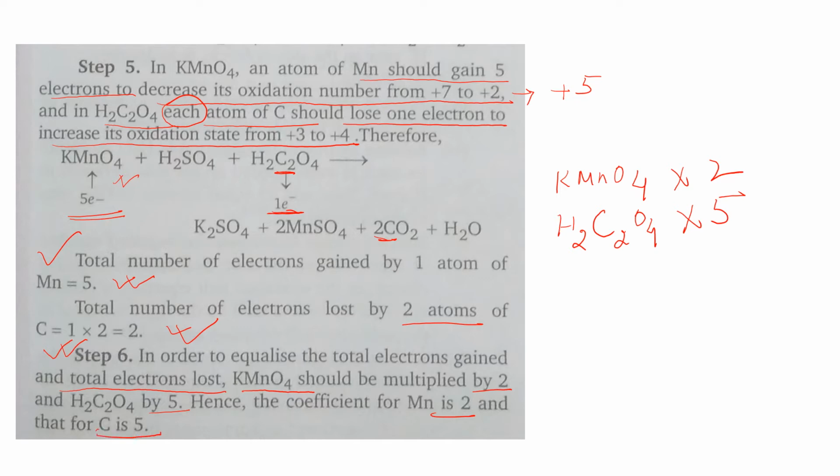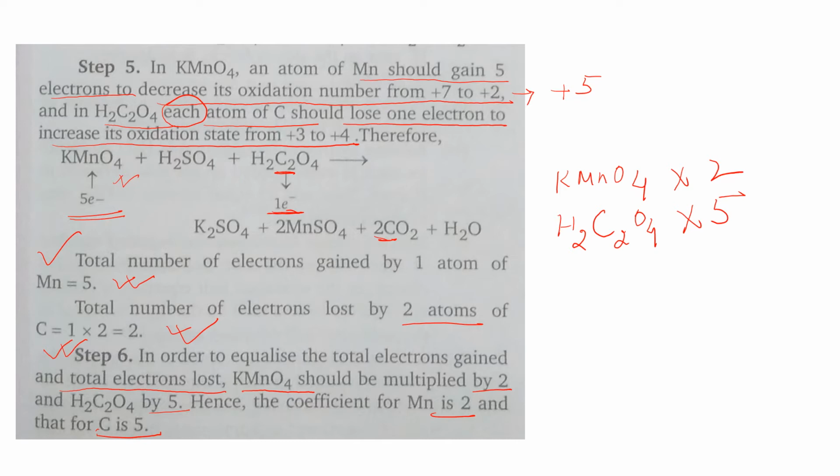What is said in step number 6? Please go back to the previous slide and see what step number 6 is saying. Step number 6 is saying, find the suitable coefficients to balance the electrons gained by the oxidizing agent with those lost by the reducing agent.